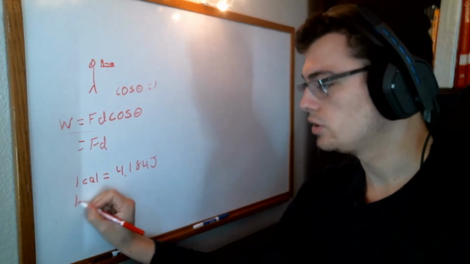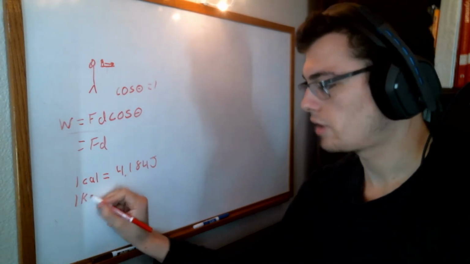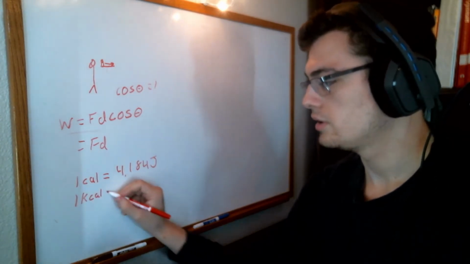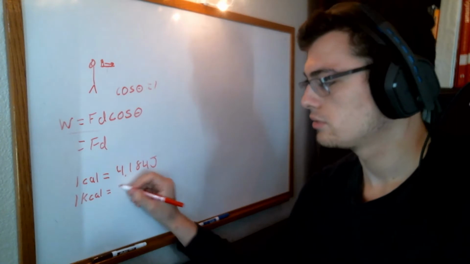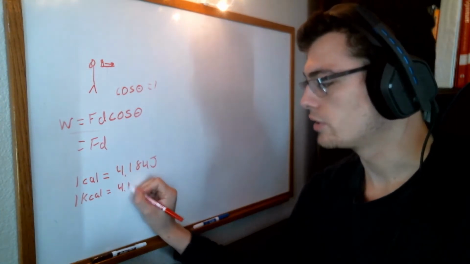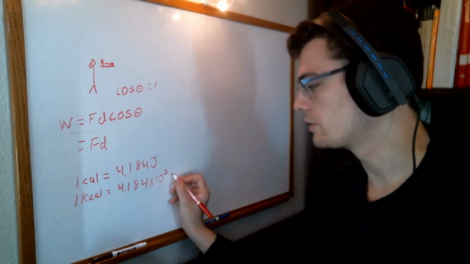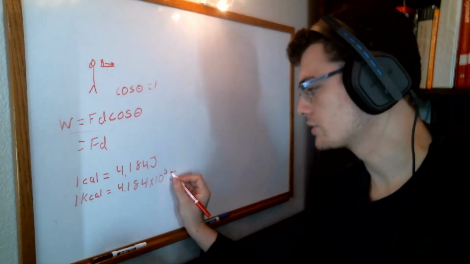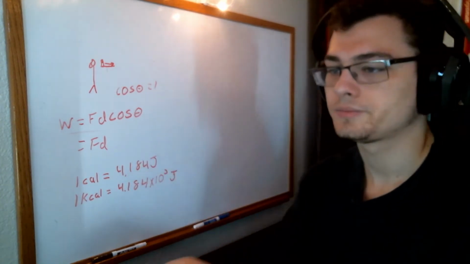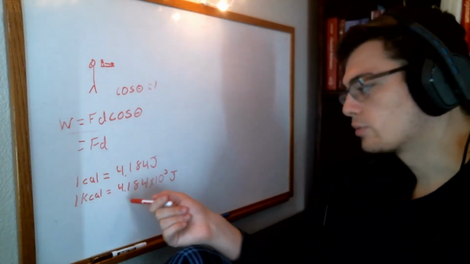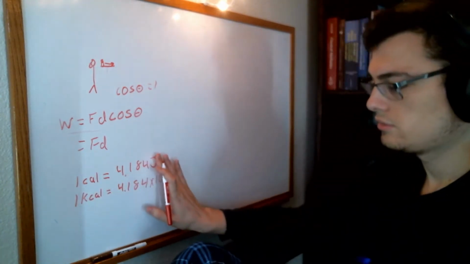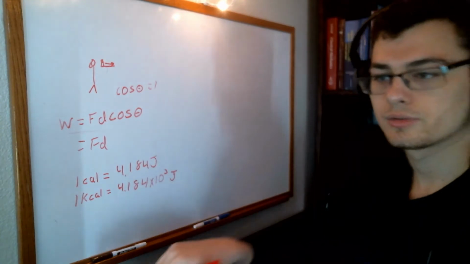And so then 1 kilocalorie is going to be equal to 4.184 times 10 to the third joules, or 4.184 kilojoules.